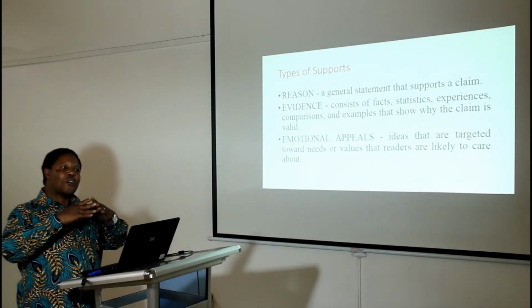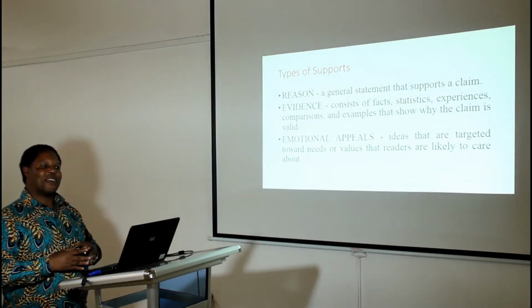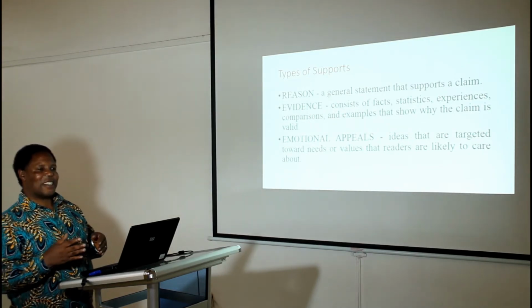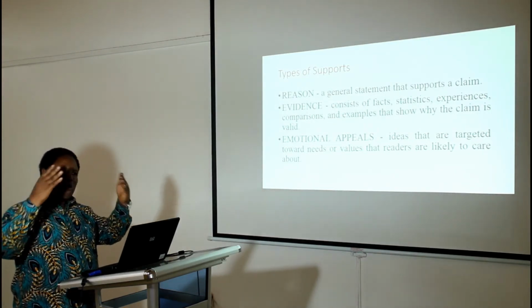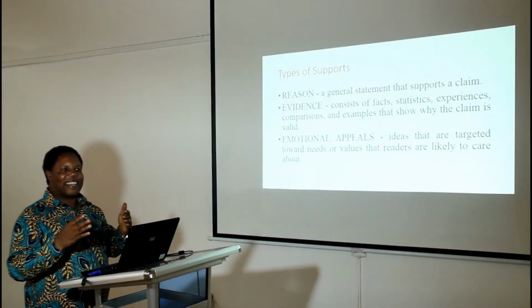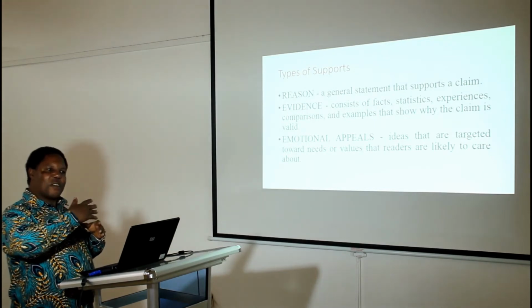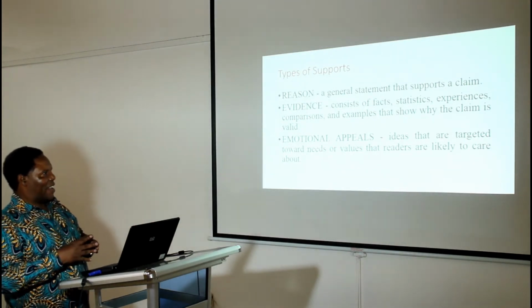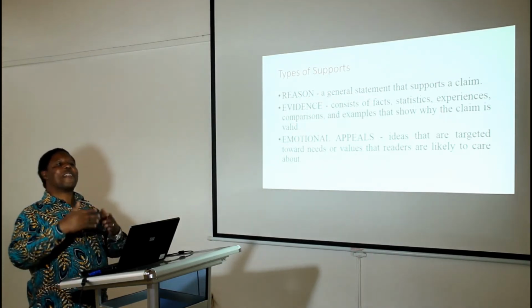If you are asked, for example, to provide evidence that the house was broken into, you just give facts that you found the windows destroyed, the doors destroyed, and then you provide the statistics. How many doors?